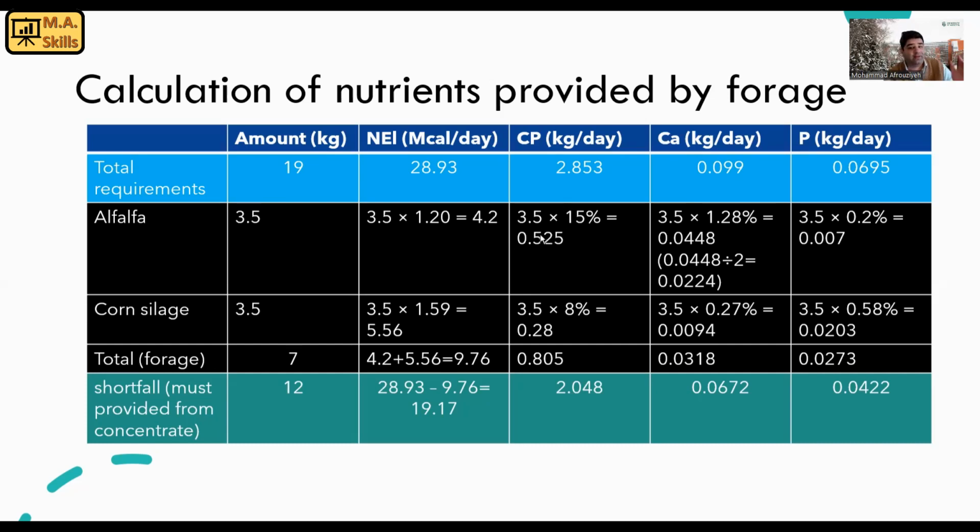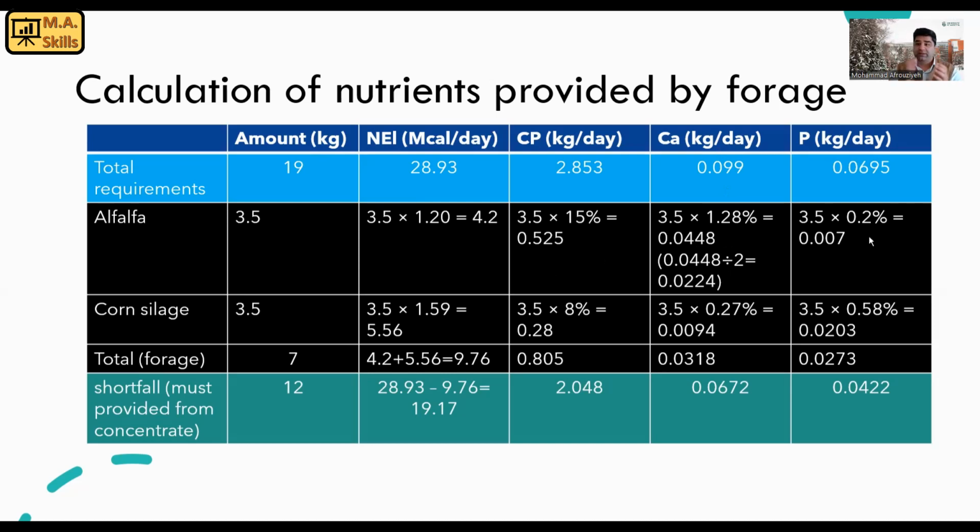So again, half kilo per day protein coming from our alfalfa. It's the same idea for calcium and phosphorus. The only interesting thing you can see here is that I have divided calcium provided by alfalfa, which is the 0.0448 kilo per day, by 2.